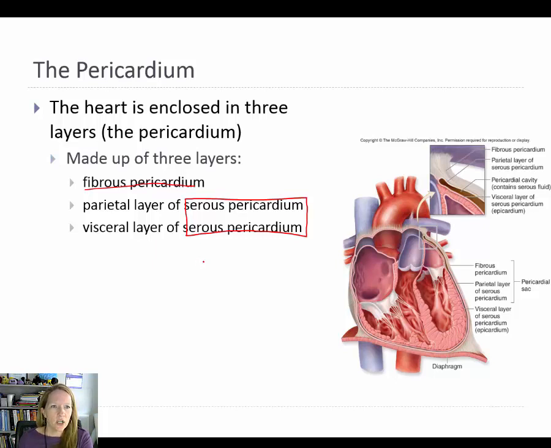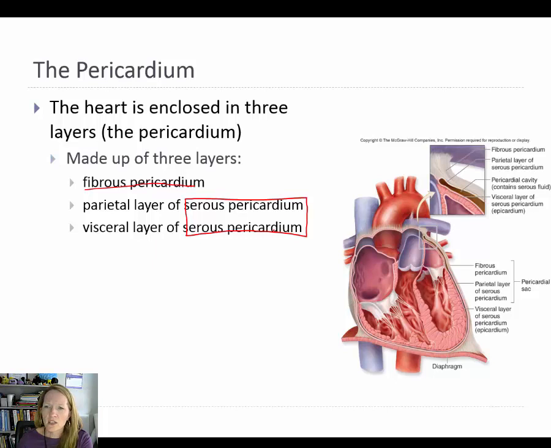All right. So we'll actually be diving into these in a second. But if you look at this little picture, here's that visceral pericardium. And then it turns, and it's actually double layered, and it's a continuous layer, and it turns into the parietal pericardium.